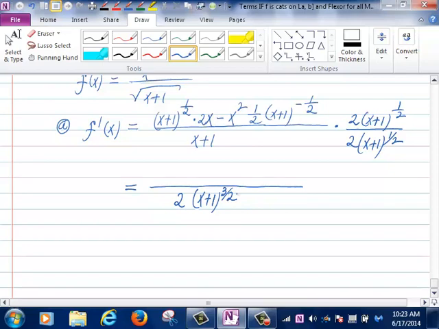Now when I multiply the first term in the first fraction with this 2 times x plus 1 to the half, what do I get? I get 2 times 2x, which would be 4x, multiplied by x plus 1, right? So I get 4x times x plus 1.